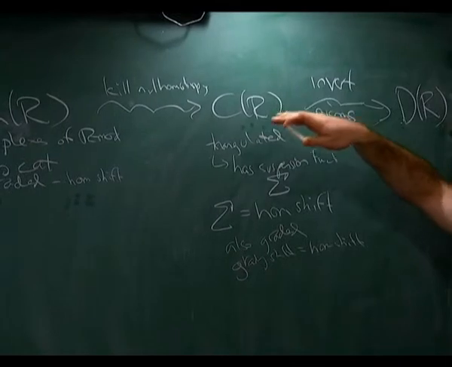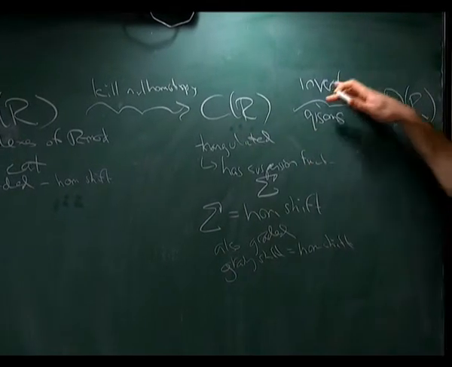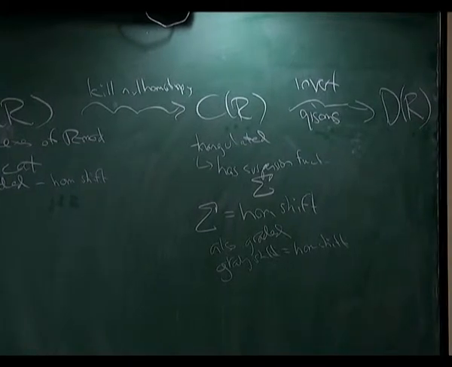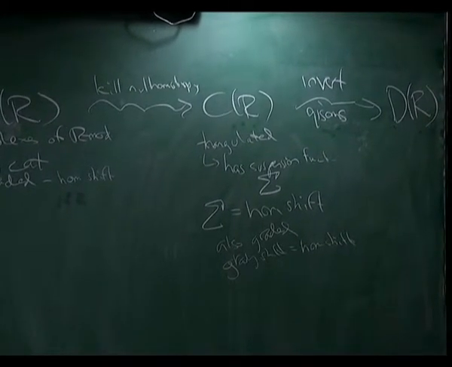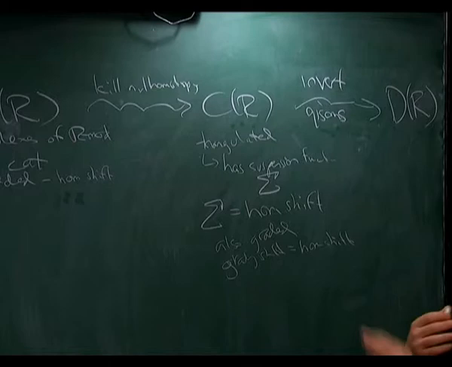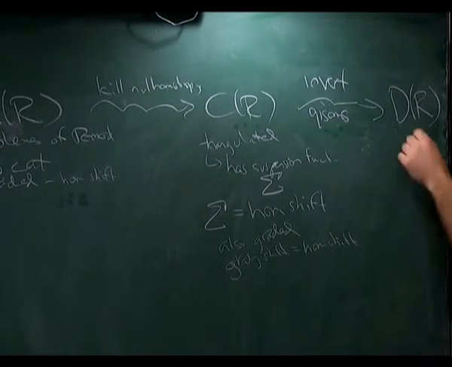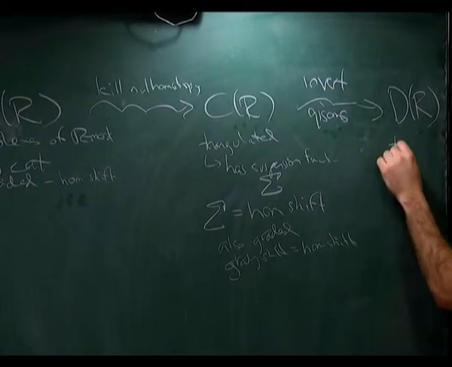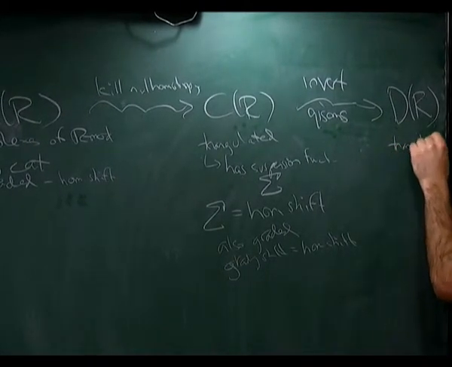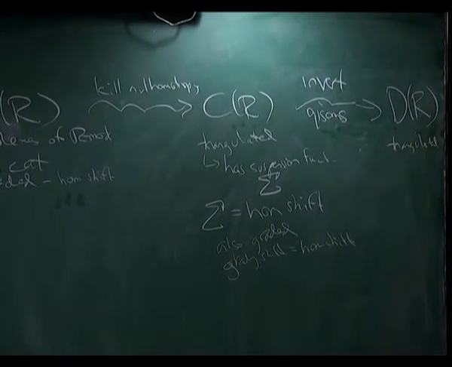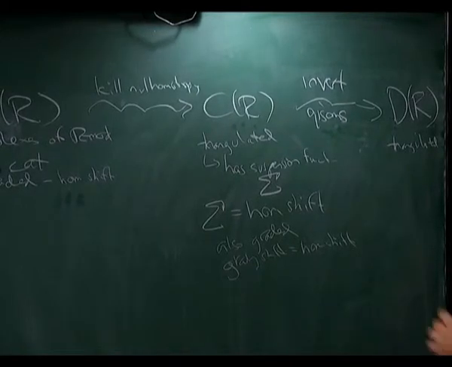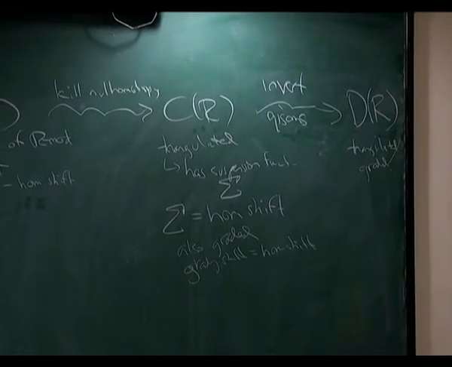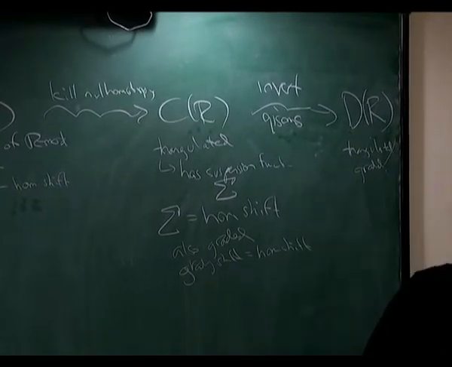And if you have a map between complexes which gives isomorphisms on all the homology groups, then you can invert them. This forms a localizing class, which means that you can formally add inverses to these maps. And you end up with something called the derived category. So I'm going to go into this in more detail soon. But this is also triangulated, and graded, and it has this homological shift functor, et cetera.